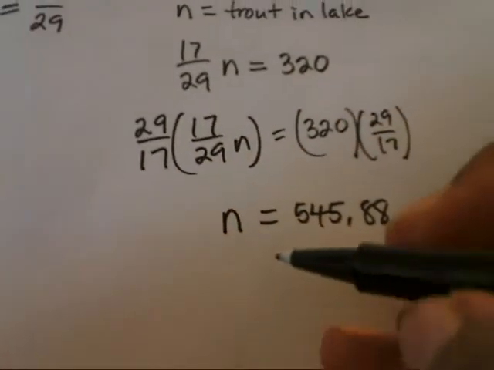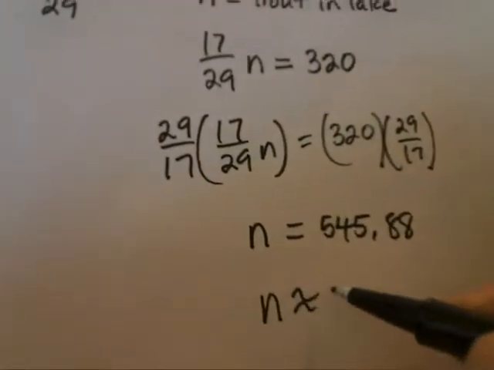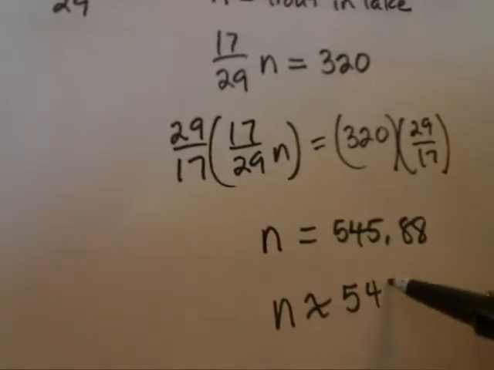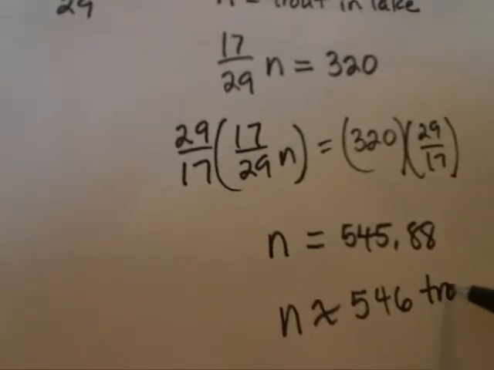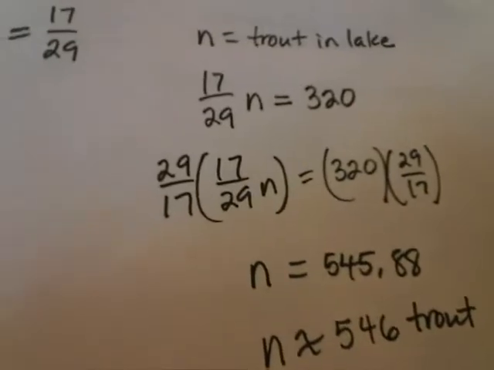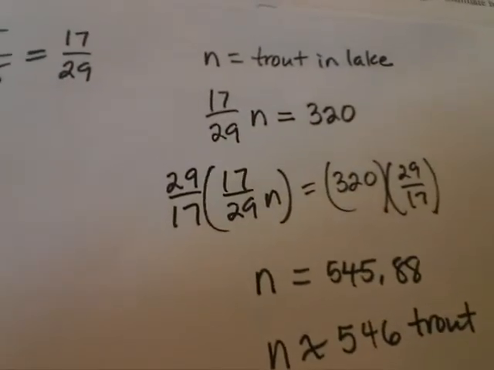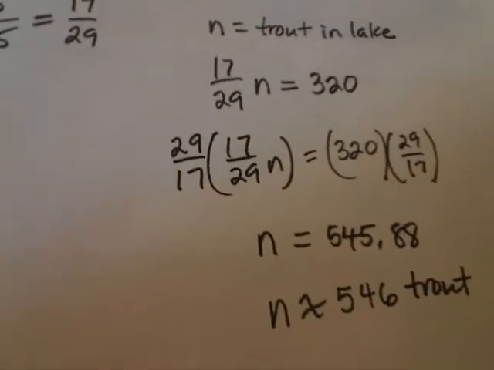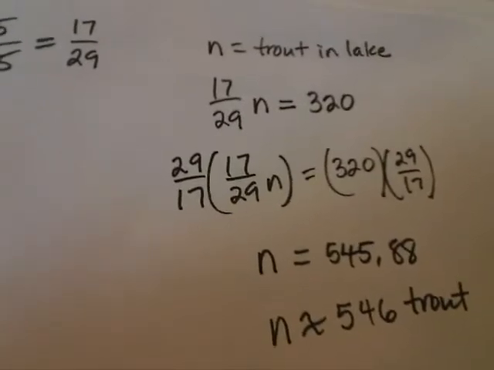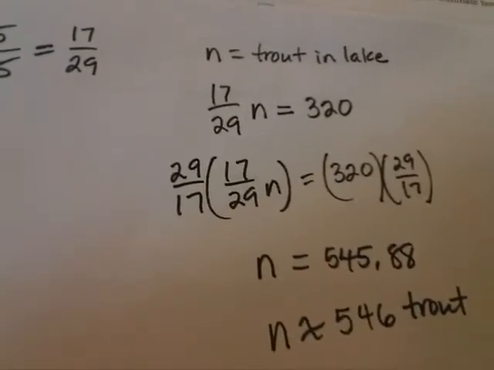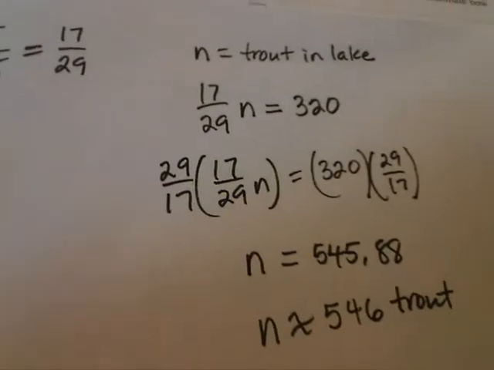But we're going to round to the nearest whole number, which is approximately 546. So in this case, there are 546 trout in that particular lake. Okay.